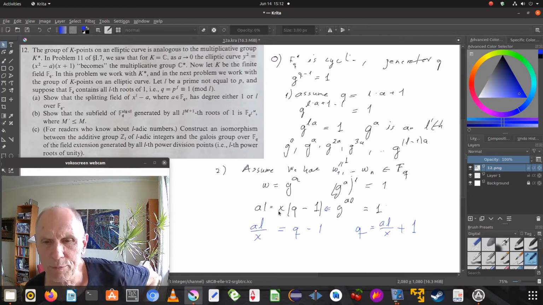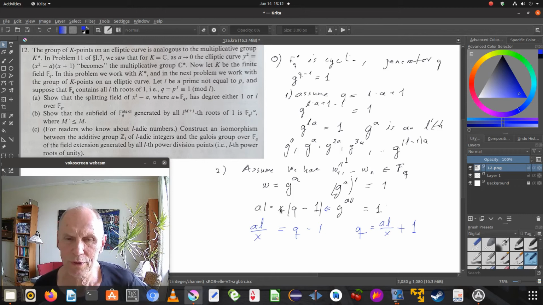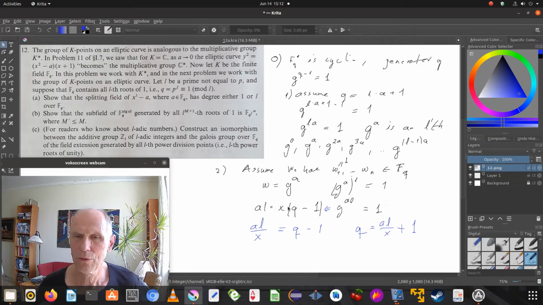So could x be a power of or contain the prime L? That would be logical from this equation.